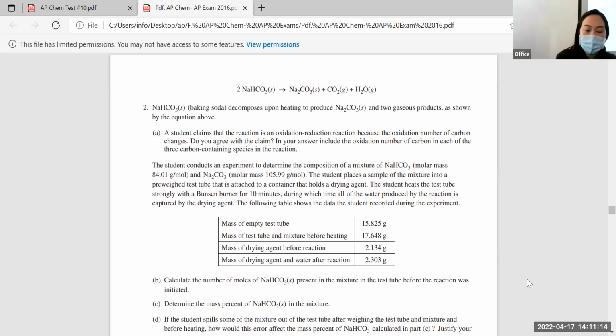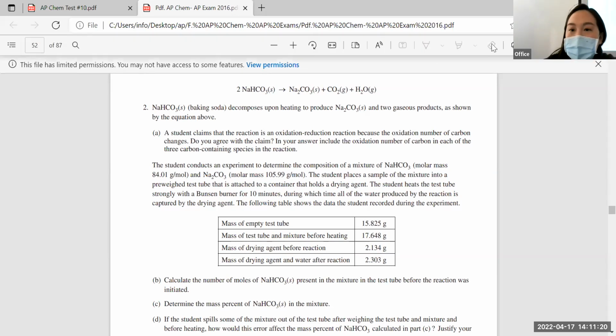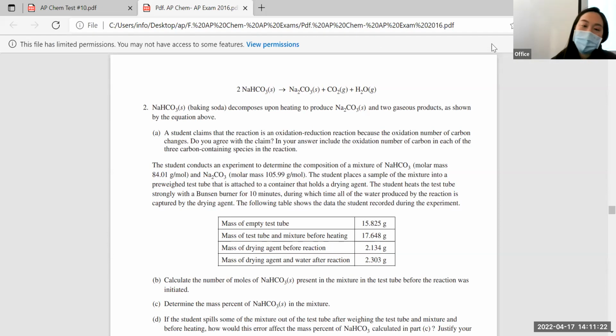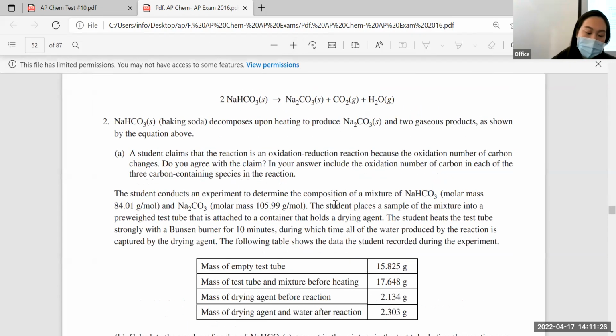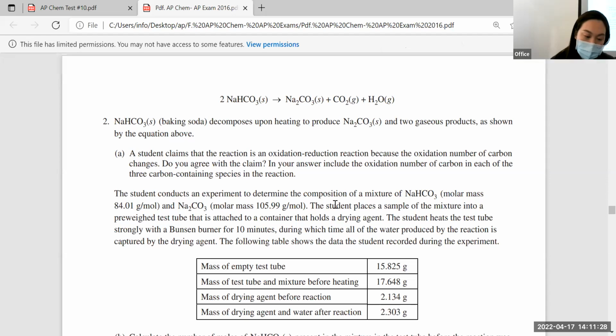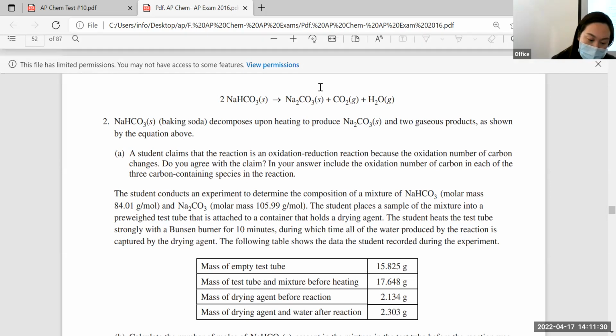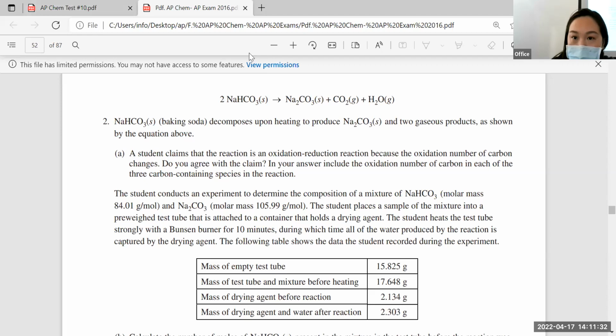Do you agree with the claim? Okay, so we have to find oxidation numbers for everything in order to determine if whoever did this is correct.